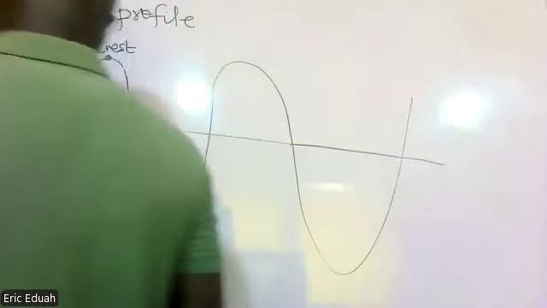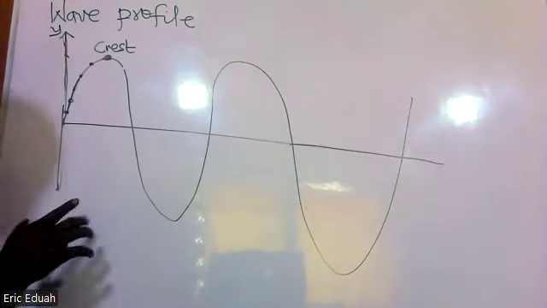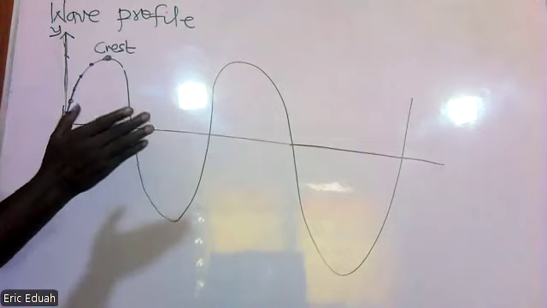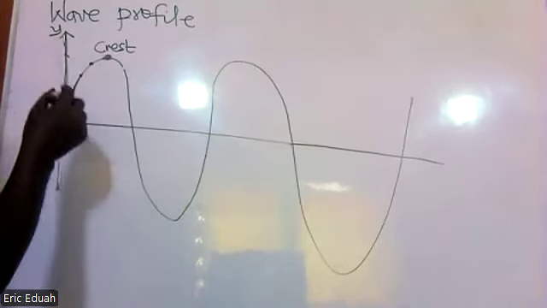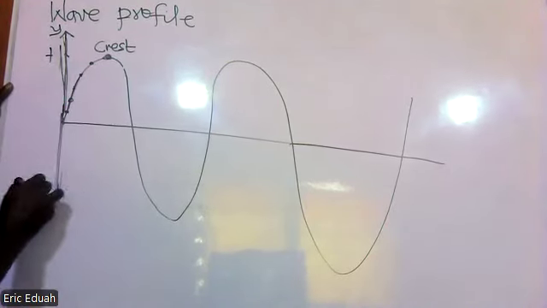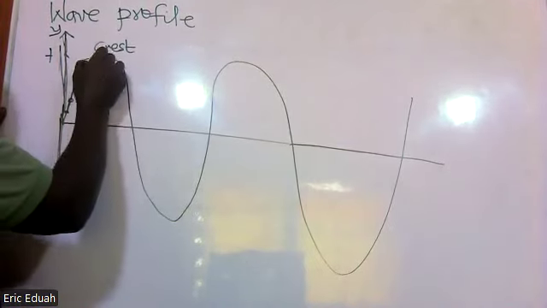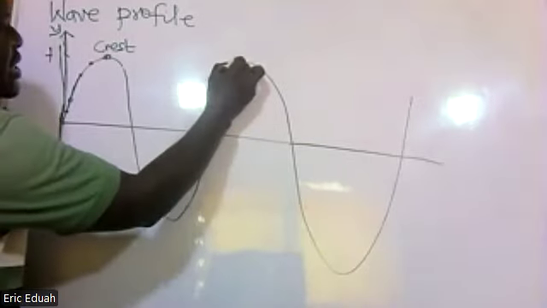So the crest is the maximum positive particle vibration. Positive because we indicate this part as positive, the down part as negative. So the crest is always at the positive end. So along the line, you find crest here, crest.